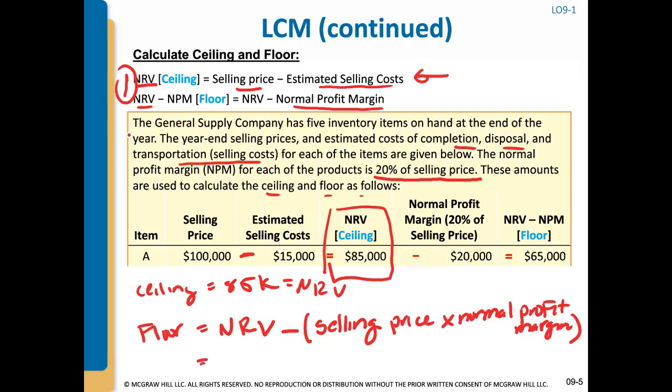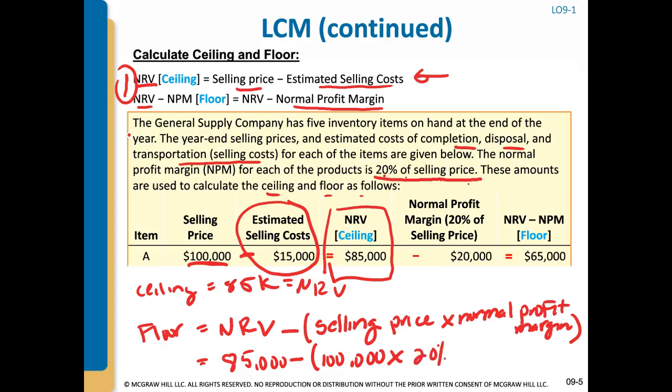So here we have our net realizable value, which we've already calculated to be 85,000, minus our selling price. So again, this selling price does not take this into account. Do not reduce your selling price by the estimated selling cost. It's just going to be the selling price of 100,000 times, we're told that the normal profit margin is 20% of the selling price, which is why I'm multiplying it times 20%.